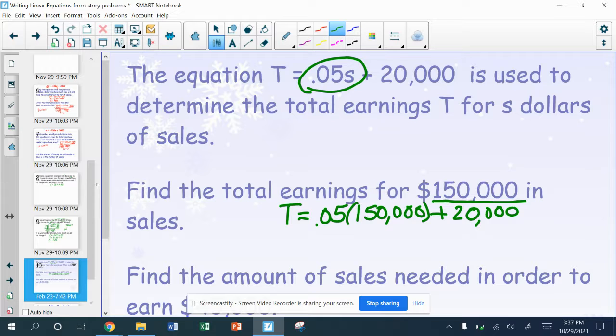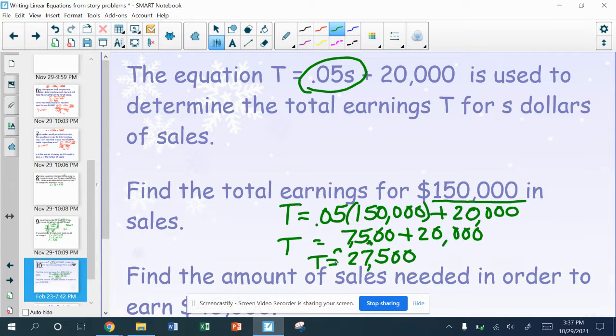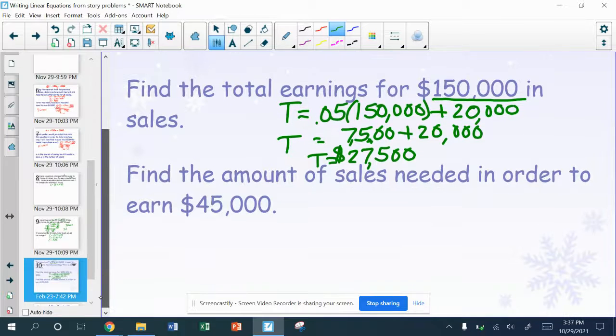So 0.05 times 150,000 is 7,500. Oops, I put that in the wrong place. Ignore that right there. So my total amount of money is going to be $27,500.